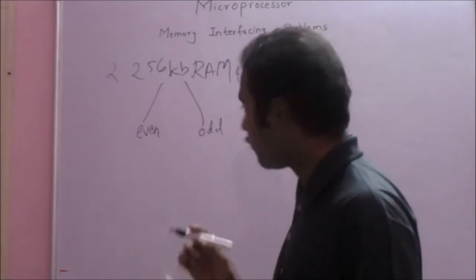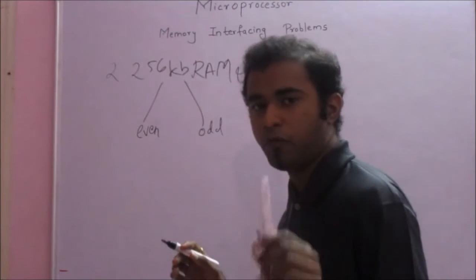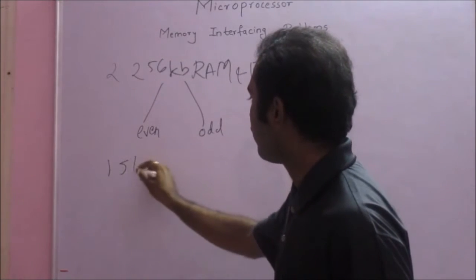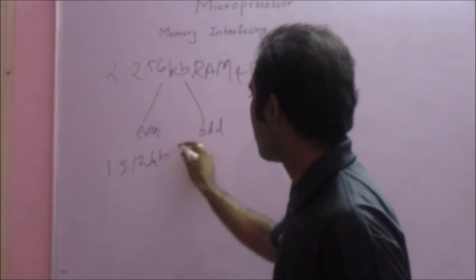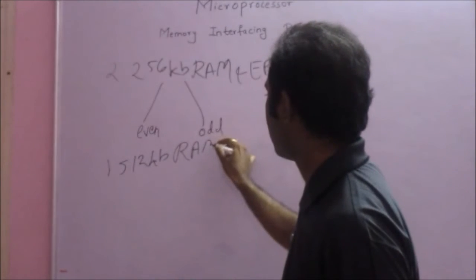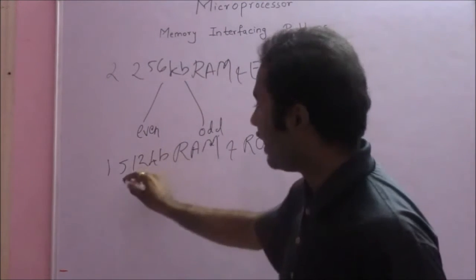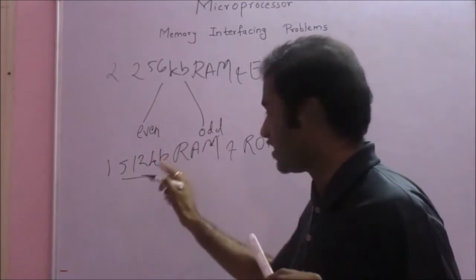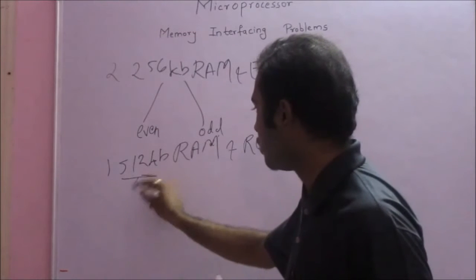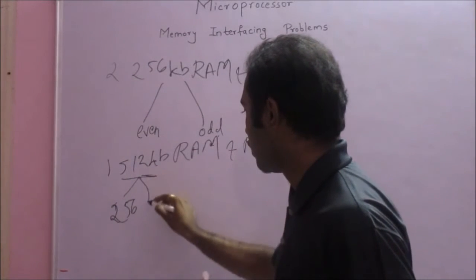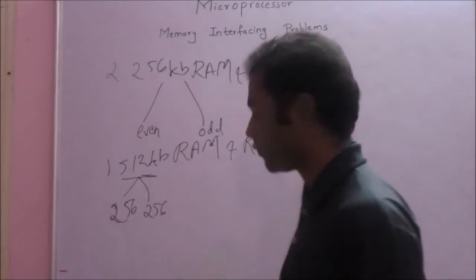And if they give you only one, say a 512 KB RAM and a 512 KB EPROM, divide this RAM and ROM into two 256 KB parts.